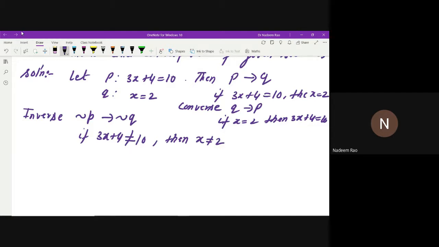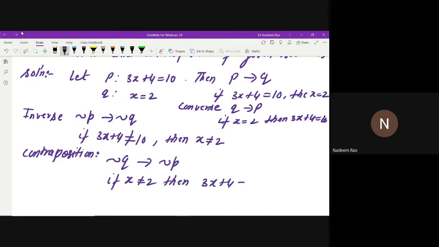And the third one, contraposition, that is, negation of Q implies negation of P. That is, if x is not equal to 2, then 3x plus 4 is not equal to 10. So guys, these things are very simple and you can try to write the converse, inverse and contraposition of any of these statements.